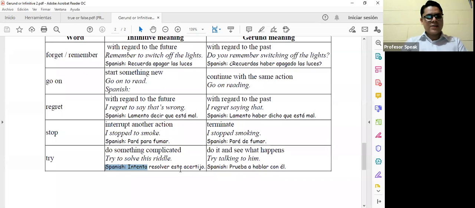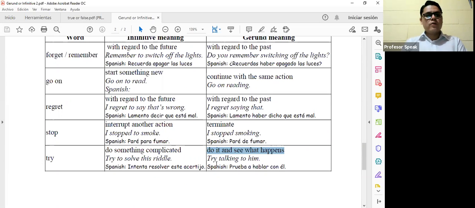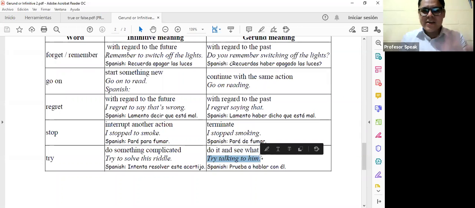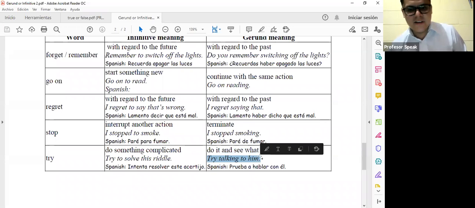And when you use try followed by a gerund, it is when you do something to see what happens. Try talking to him. This is a kind of suggestion, a kind of advice when you give some recommendation.